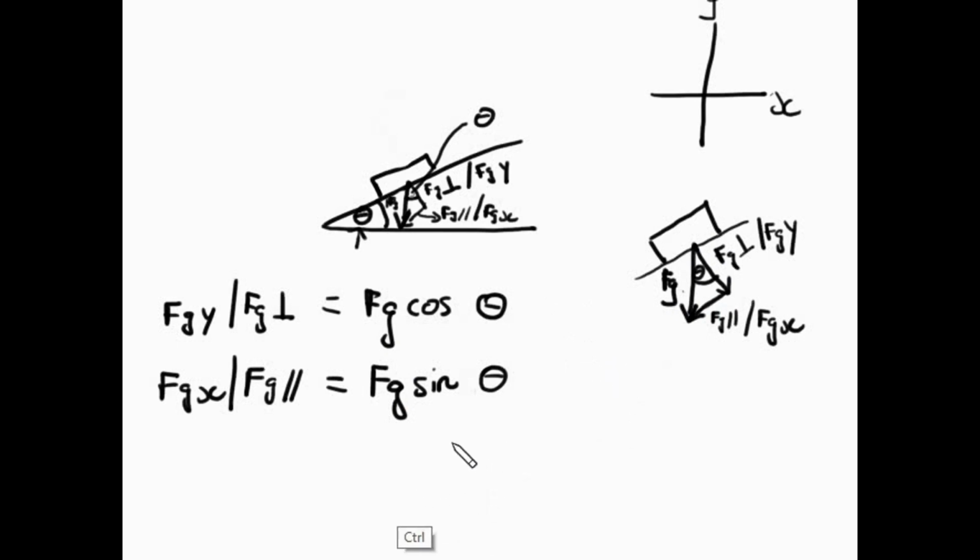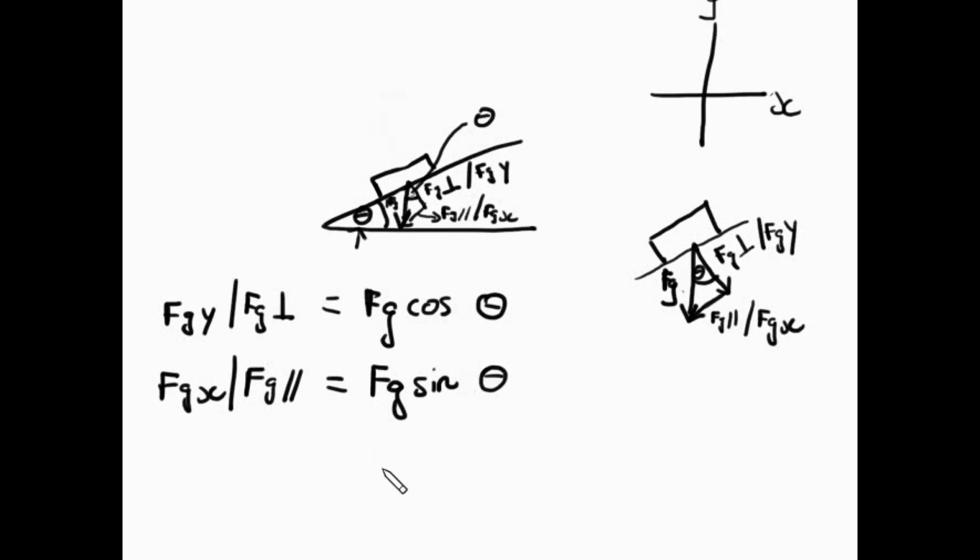Then to work out the x component, the component which is parallel to the slope, we take Fg sine theta, because sine theta is opposite over hypotenuse. To find this side, we take the hypotenuse times sine theta, and the hypotenuse is Fg.